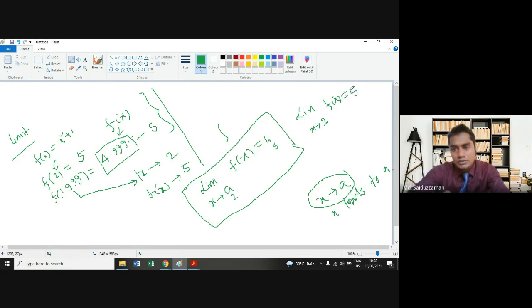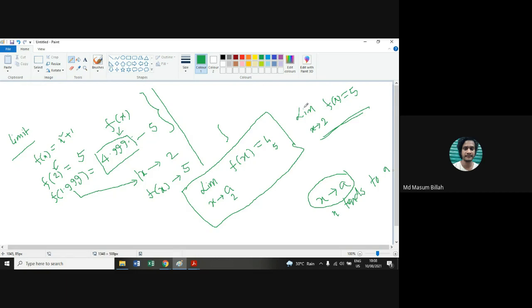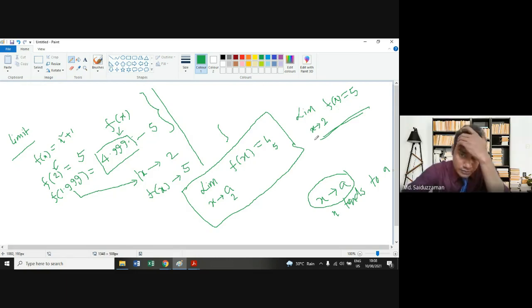Exactly. So this is the expression. When x is closer to 2, then functional value, that is L value, is 5. Is it clear? Yes, sir.